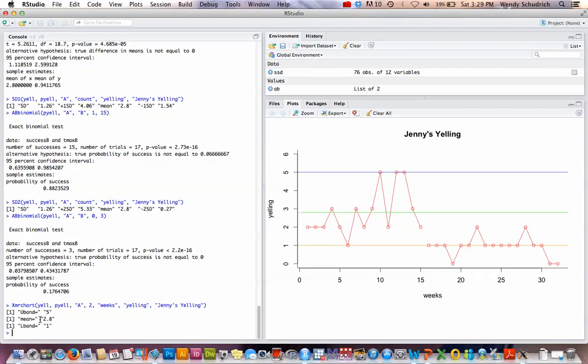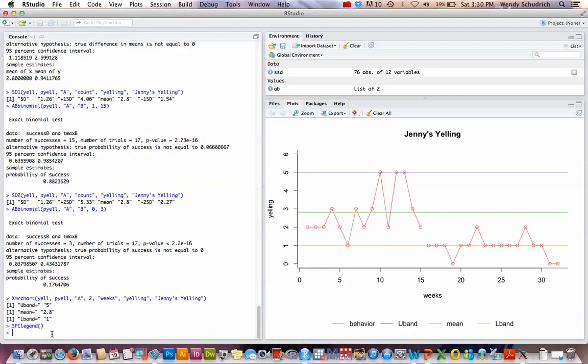And here again, we have our 3 points below the 2 standard deviations, and Wendy just put up the legend, so that we do have some remarkable change here.